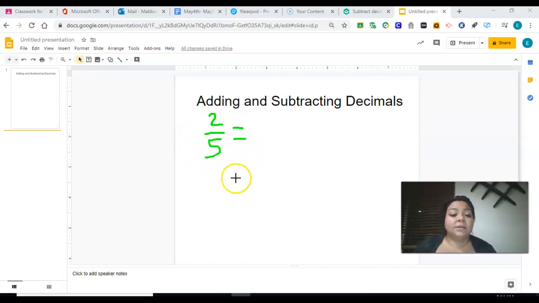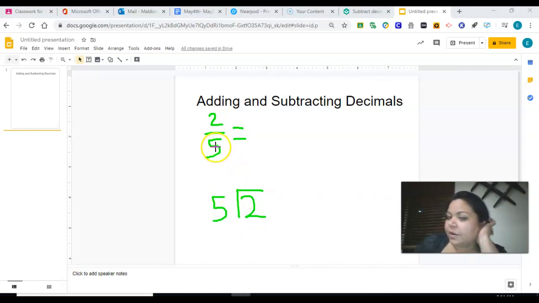You can divide 2 divided by 5. Or another way would be to think, well, I can easily write decimals by having a 10 or 100 or 1,000 in the denominator.